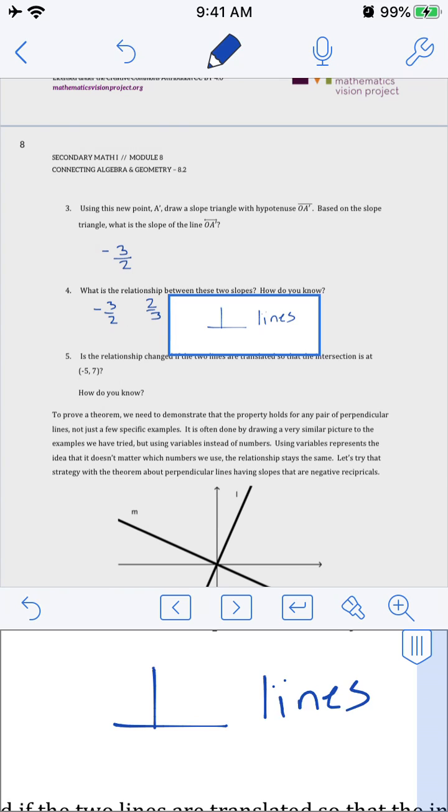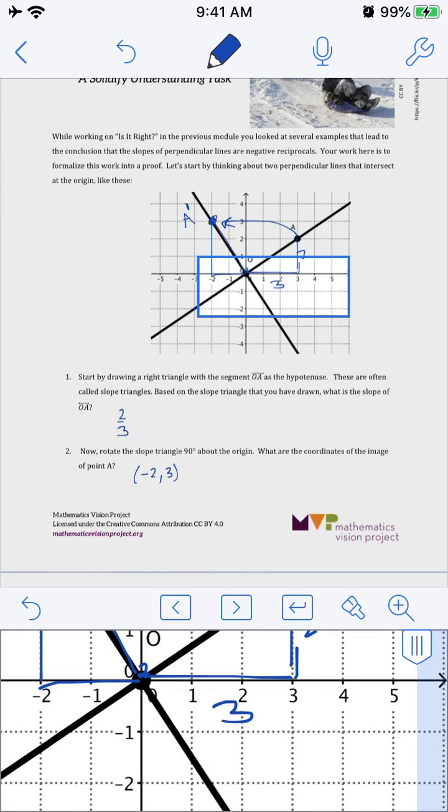Does the relationship change if the two lines are translated so that the intersection is at -5, 7? What do you guys think? Probably not, right? It doesn't really matter that this is the origin, because you're going to get the same slope. That is what's great about linear lines, is that their slopes are constant. They are the same no matter where we are. If we're talking exponential, yeah, we got a different situation. It's curving, it's flying all over the place, right?